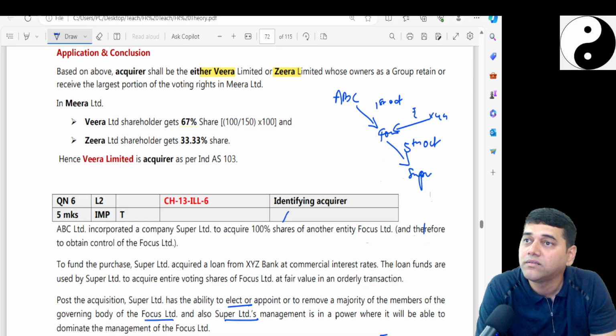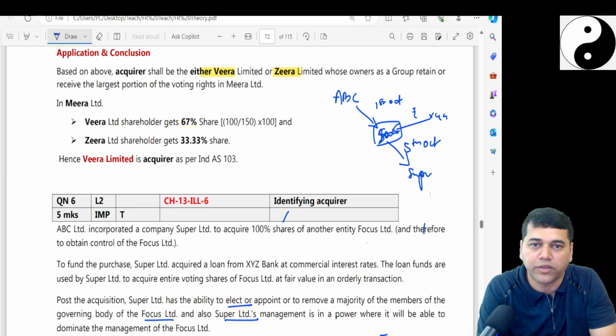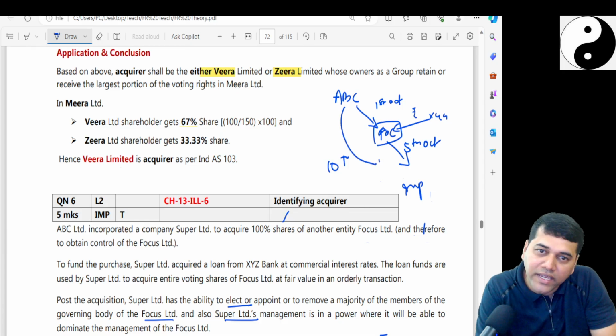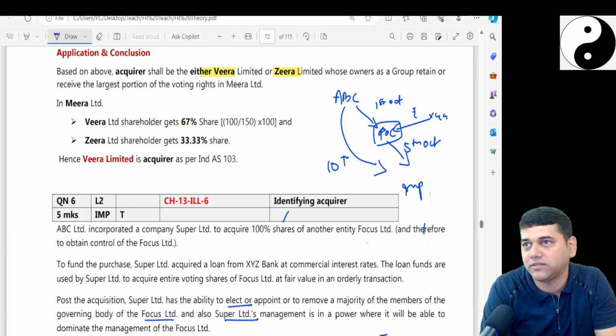Sorry, ABC set up Focus, and Focus acquired Super. This is the status, right? Focus set up Super on 5th of October. Now, on 10th of October, ABC acquired Super from Focus.